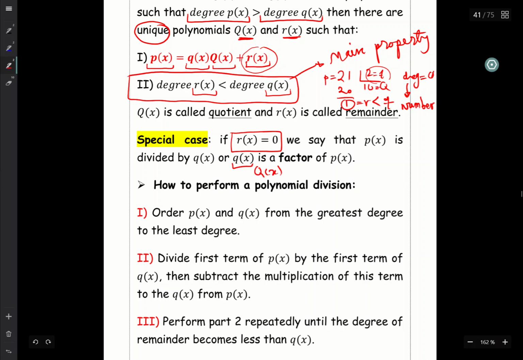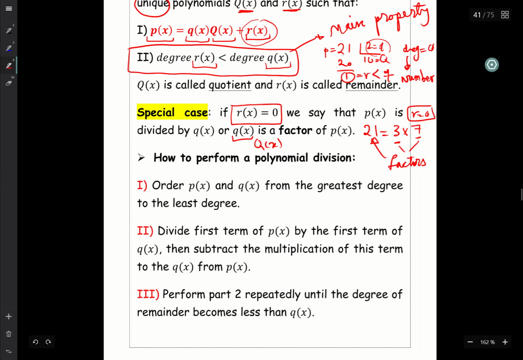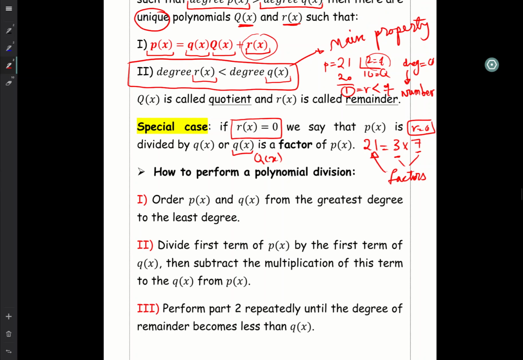The same with numbers. So if I write 21 equals 3 times 7, we call 3 and 7 factors of 21. And the main property of a factor is that when you divide the number by its factor, the remainder is always 0. Okay? That's why when we talk about polynomials, we talk about factorization.